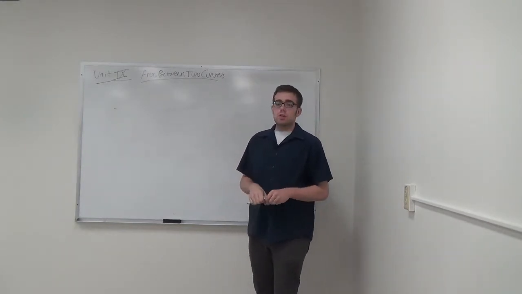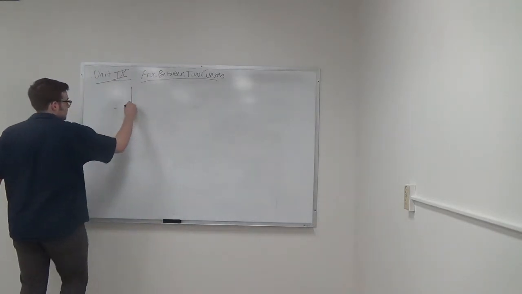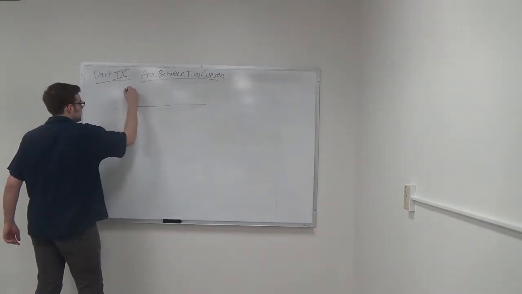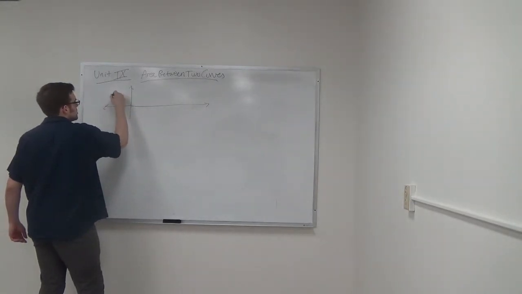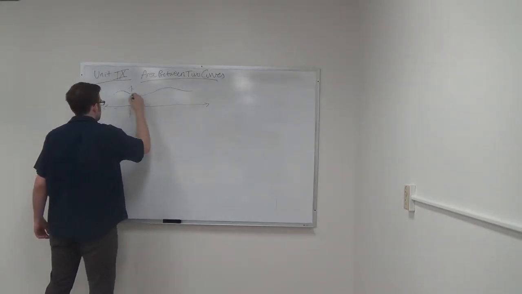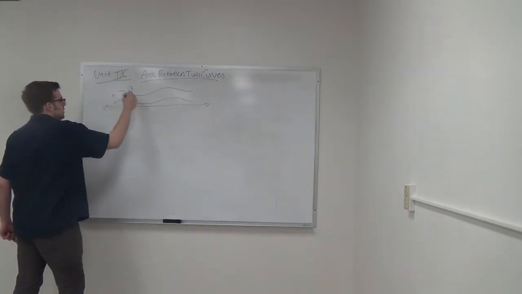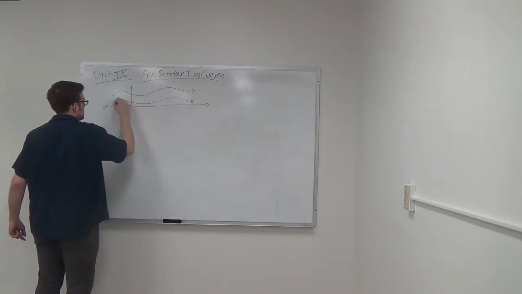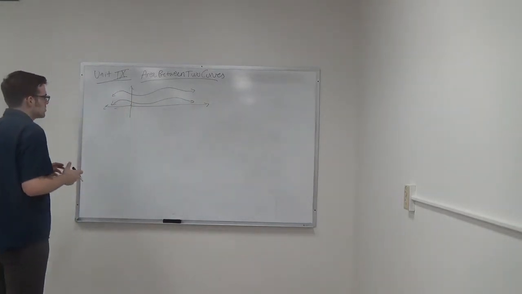So first we're going to start off with a graph. So say we have two curves. They don't necessarily have to look like this, they could look like other functions as well.